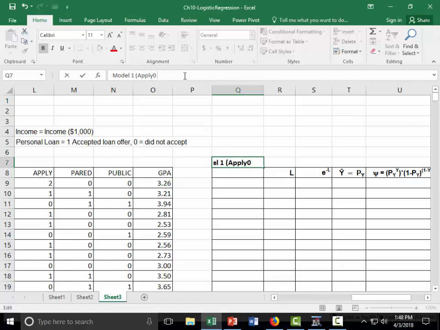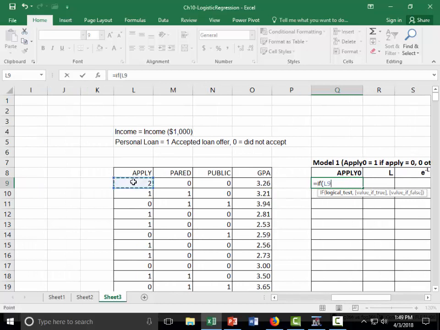So here for model 1, apply 0 is equal to 1 if apply equal to 0, 0 otherwise. So what that means is that we can set this target up by looking at the apply column, okay, and check whether it is 0.